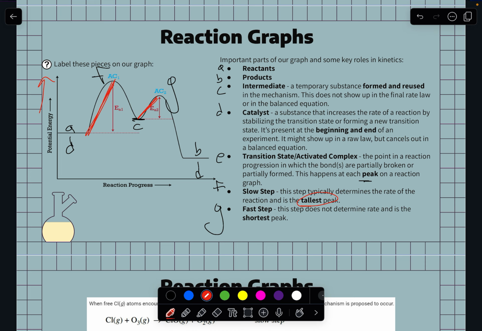So that is why it's a slow step. That's the tallest peak. Even if our second peak is taller on the y-axis, it does have less activation energy. So the activation energy is what determines what the tallest peak is.